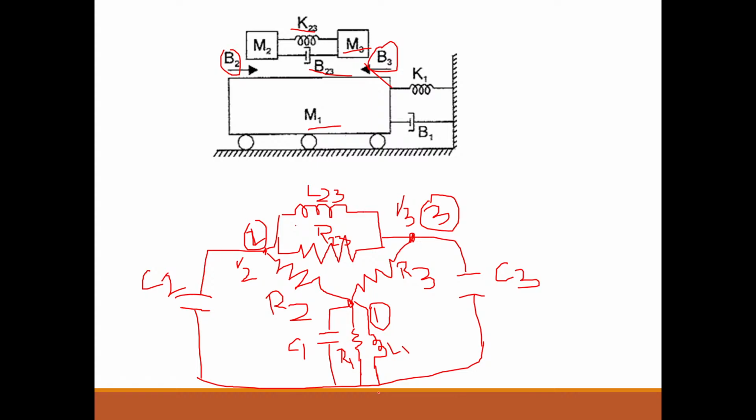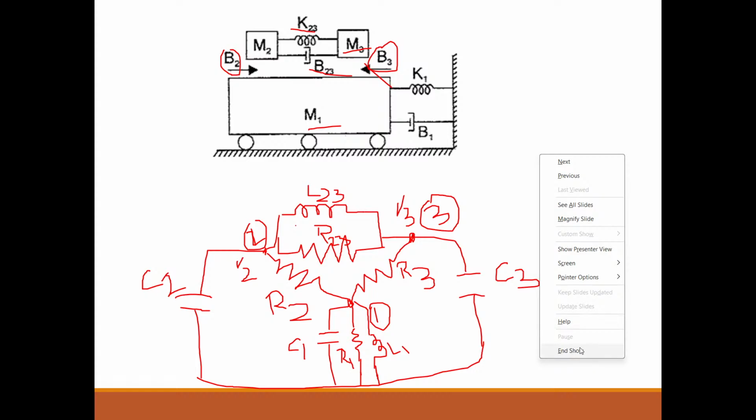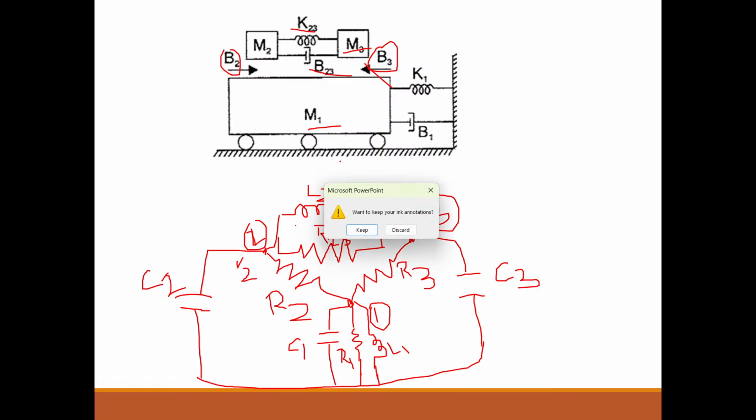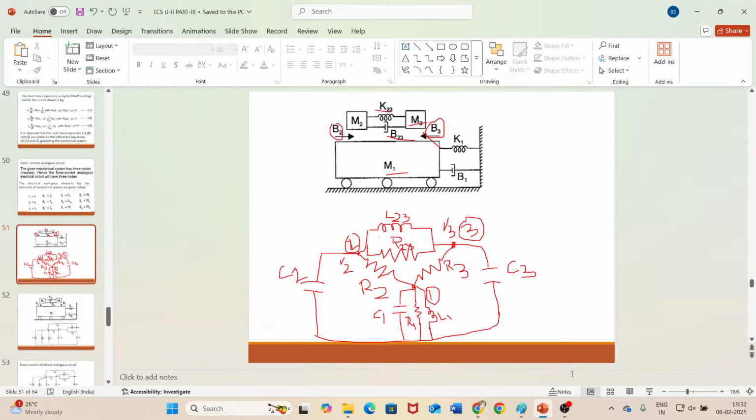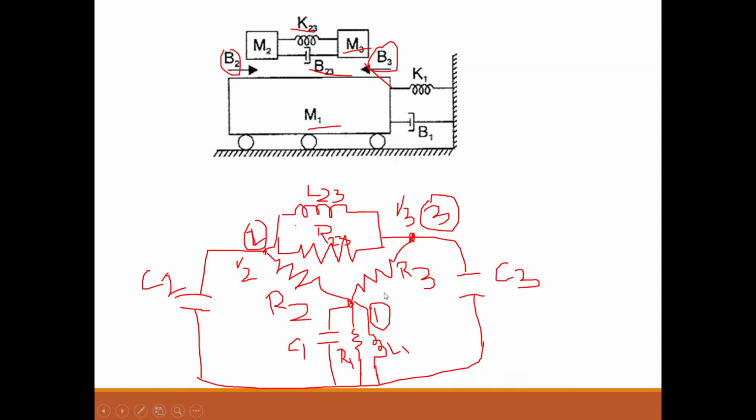Okay, so this is my electrical circuit. I will just save it, so you can copy it down. If you have doubts, you can mention them in the chat box. I'm about to complete.